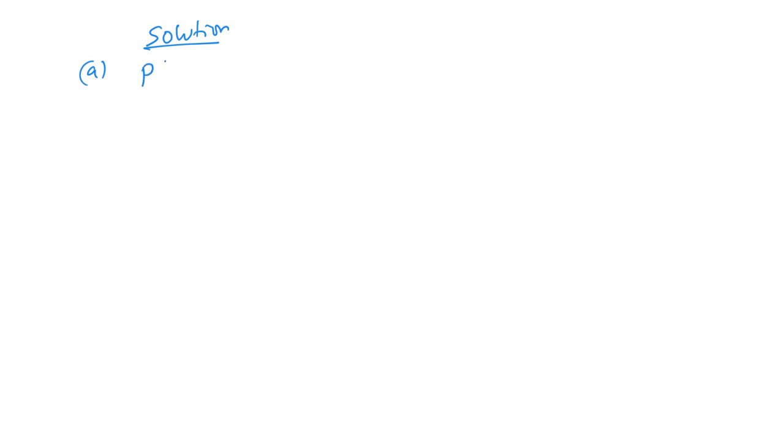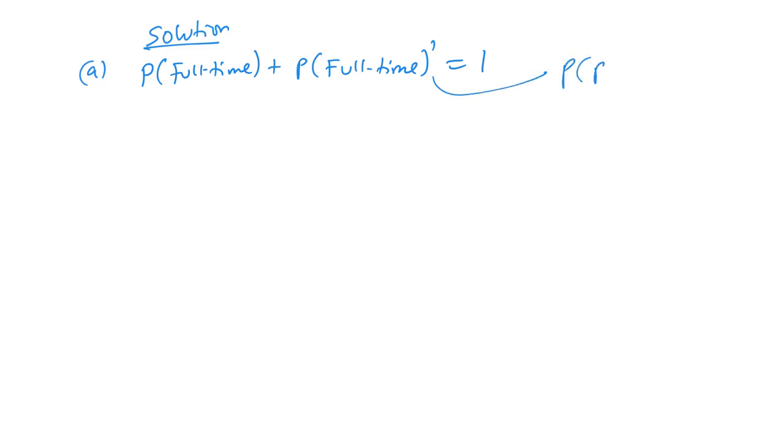The probability of full-time plus the probability of not full-time is equal to 1. But if you're not full-time, you are part-time. So this is the same thing as writing P of part-time.